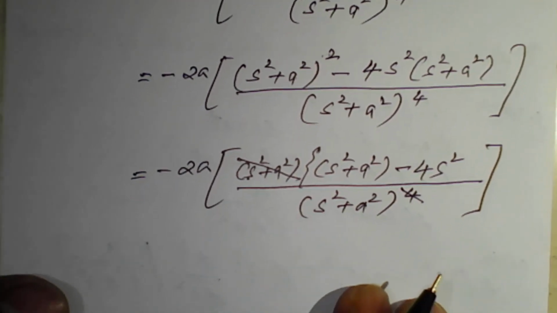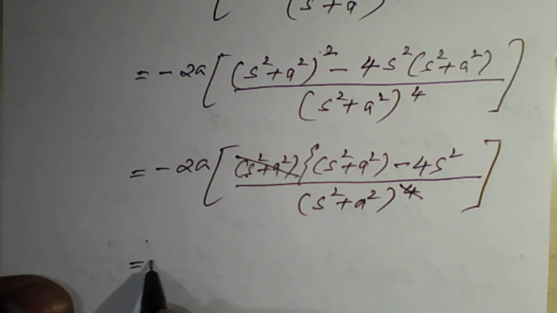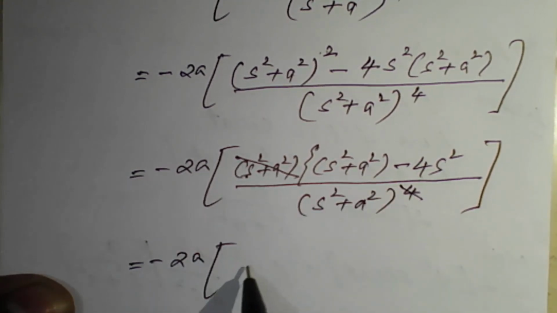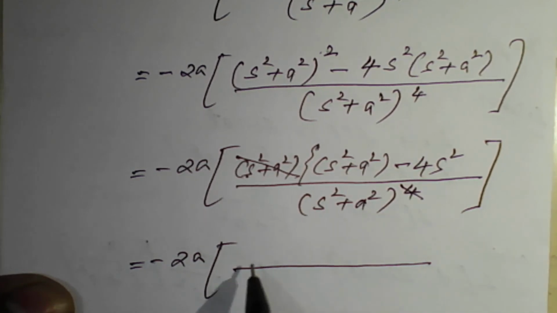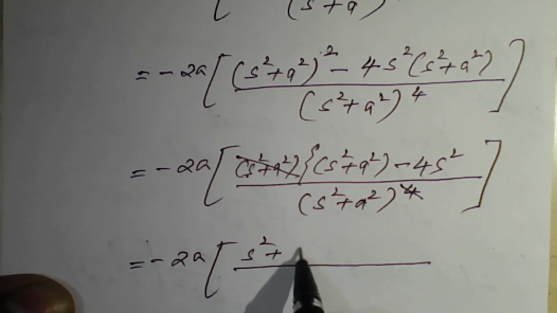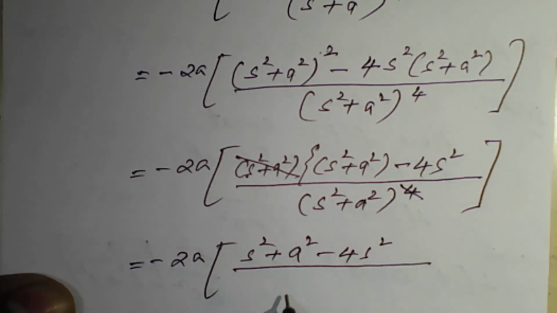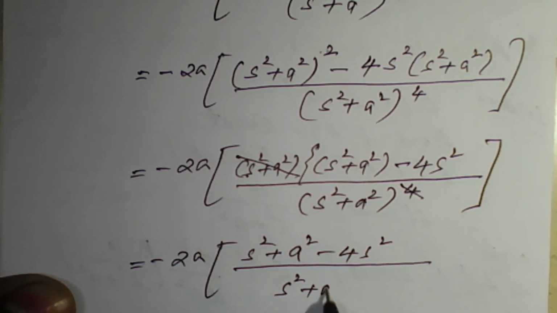So therefore what is left, I will rewrite minus 2a. So here this cancels, what is left here, in the numerator it is s square plus a square minus 4 s square left. In denominator, s square plus a square, 1 time cancel means 3 is left, raised to power 3.